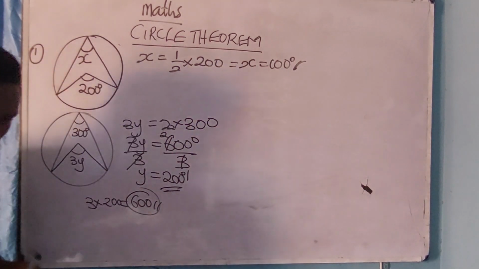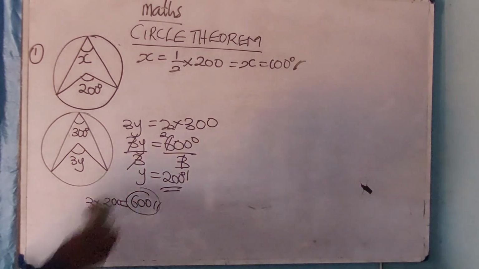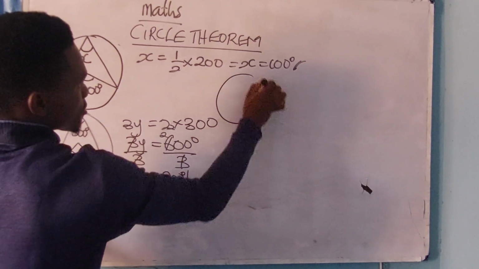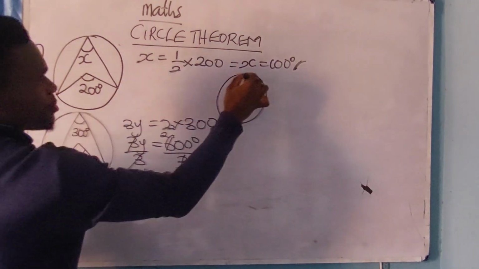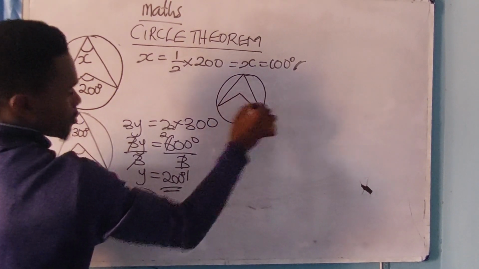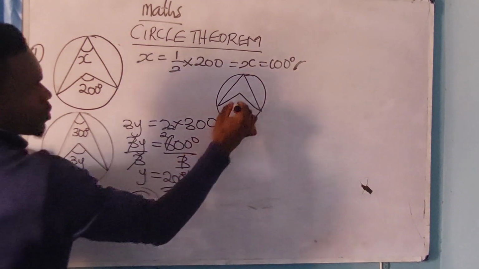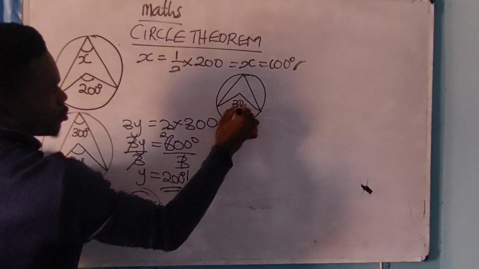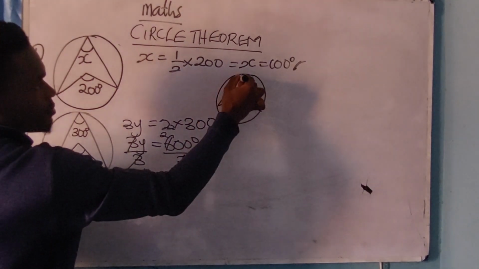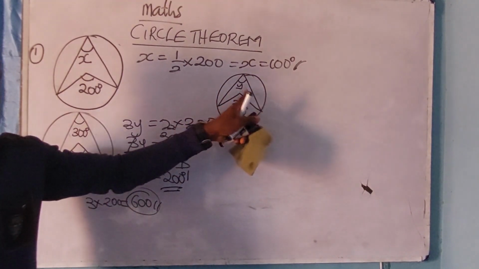Now if you're having a problem like this, if I have something like this, with 330 over 5, and then I have y. How do you look for the value of y? It is simple.